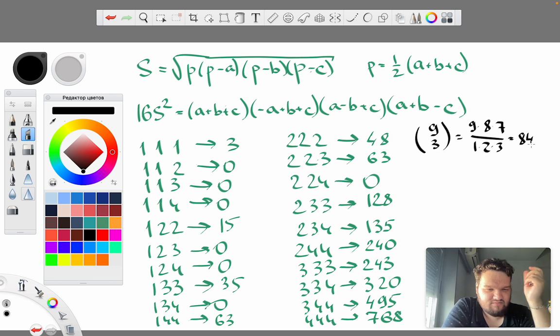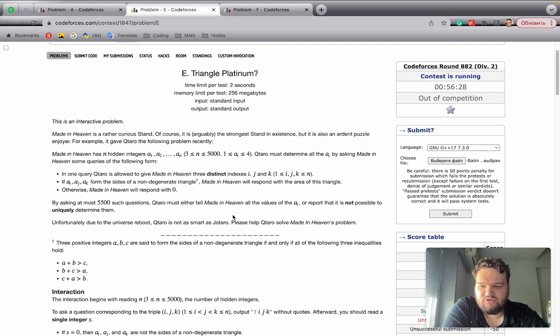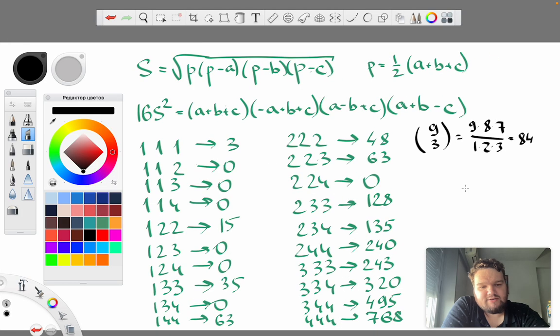So that's very small. The number of queries that I have is like 5,000 for the linear part plus 500 more. So I don't want to do the linear part again.